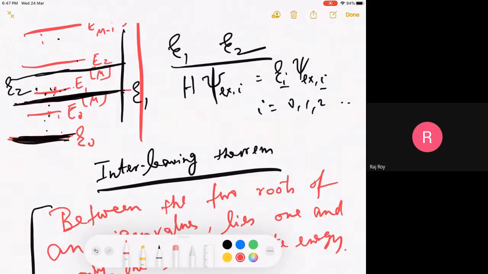But what is important here is that when I look at E0 of m plus 1, that will actually go down. So the root that I get for the ground state in a larger basis is less than the earlier value, yet because of the Rayleigh-Ritz principle, it will continue to be greater than epsilon 0.